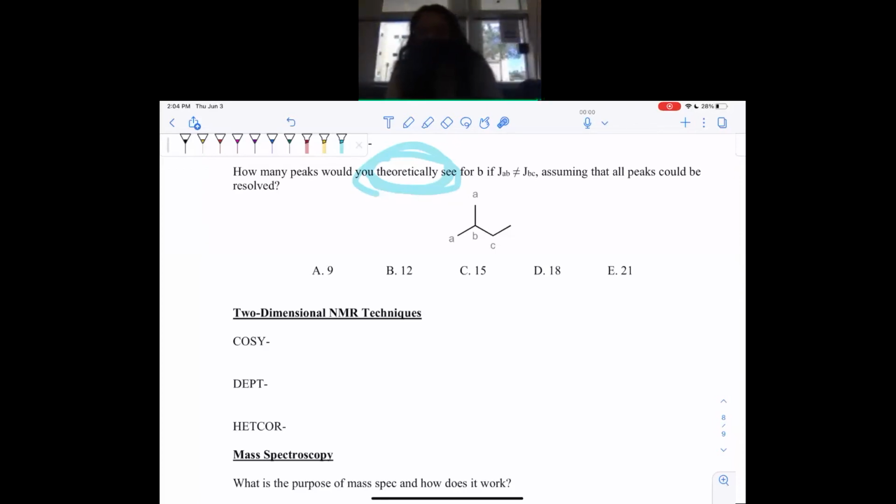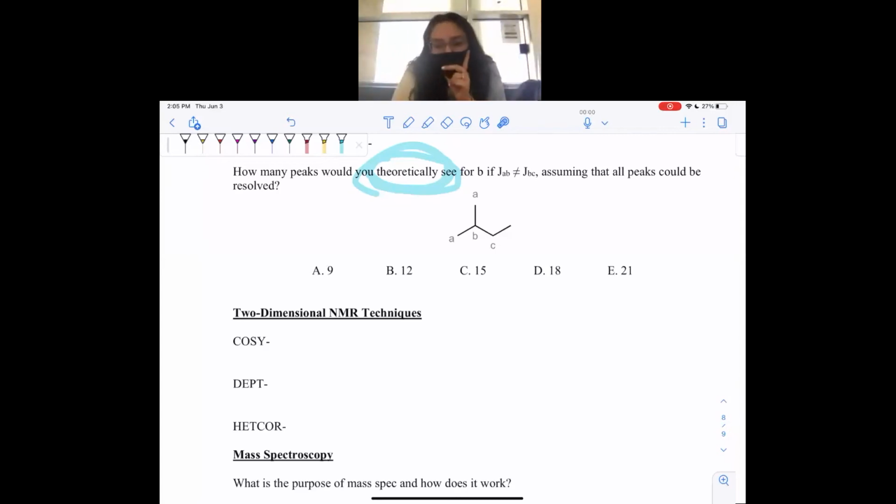Yes, I can repeat the question. So basically it's saying theoretically JAB and JBC are different, right? So if we were to rephrase that, what question is he actually asking you? There's a couple good answers. And to all my friends who are going to take the MCAT, this is something you should definitely start getting used to: reading a question, figuring out what they're actually asking you, and rephrasing it in your head.